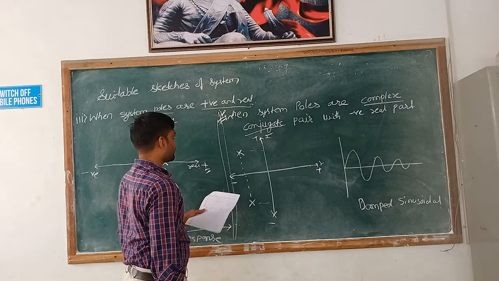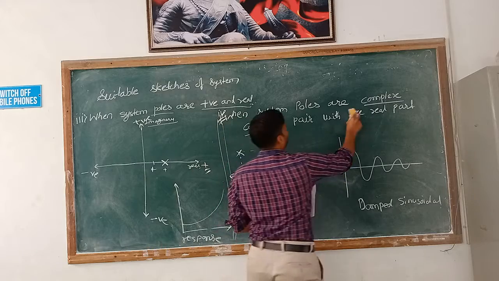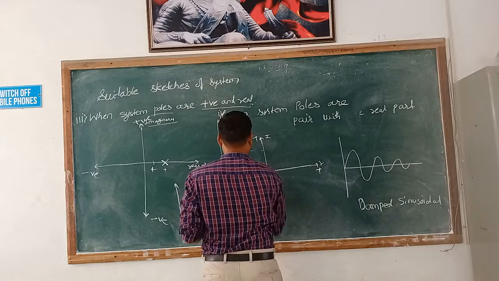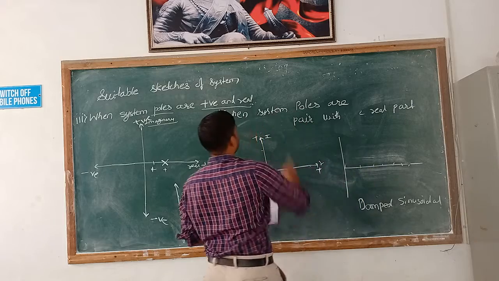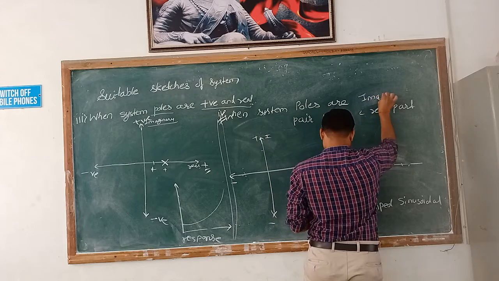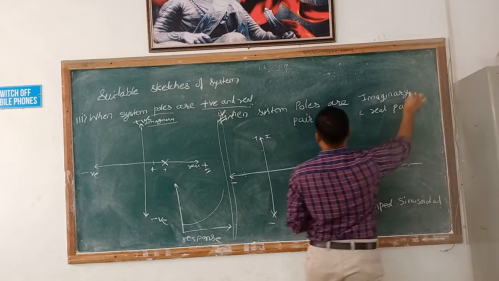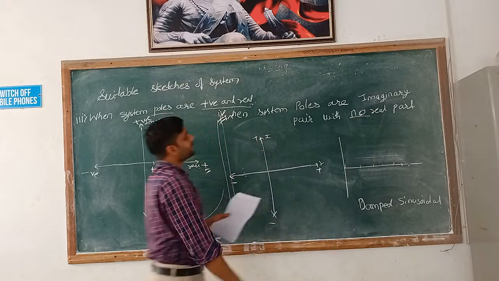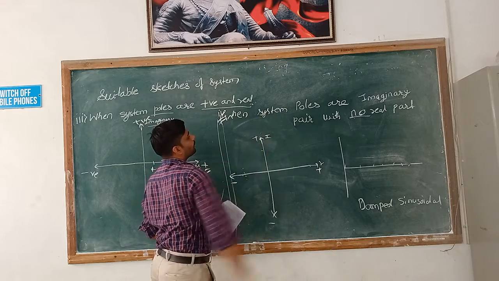Okay. Now the last one, the fourth one. When the system poles are an imaginary pair with no real part, it means our system is imaginary and the real part is not present.